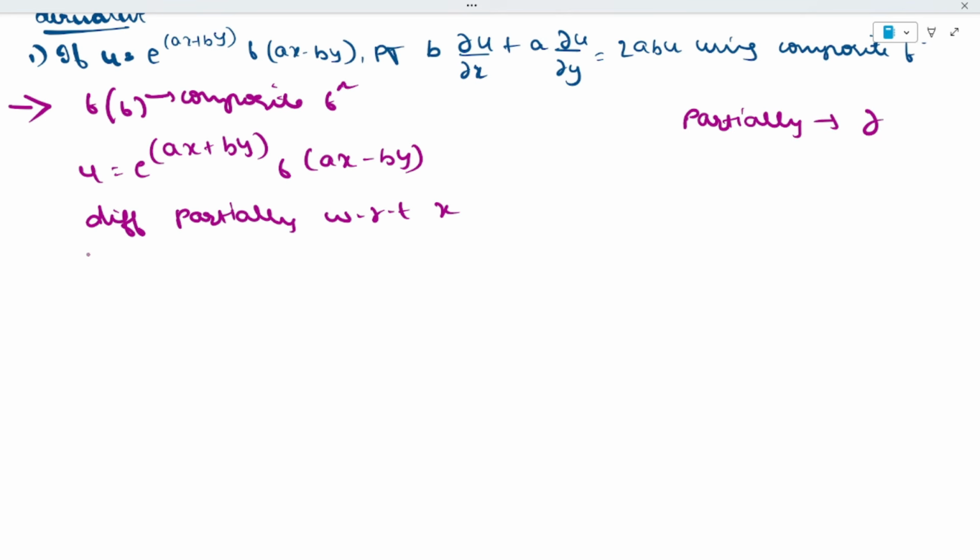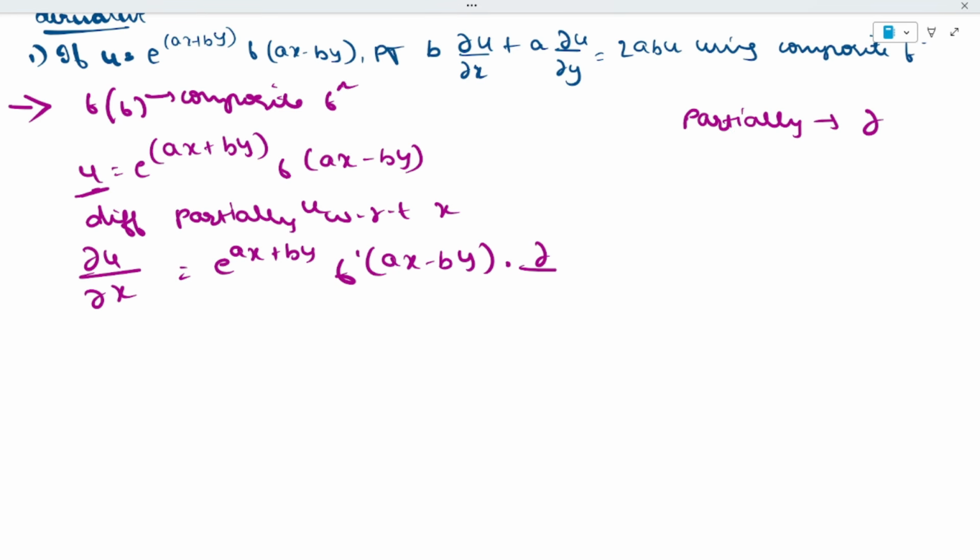If you are differentiating partially, partially will represent del. Del u divided by del x: differentiating u with respect to x will give you what? e power ax plus by will be as it is. If you differentiate f of ax minus by, that will be f dash of ax minus by into del by del x, that is with respect to x, right?